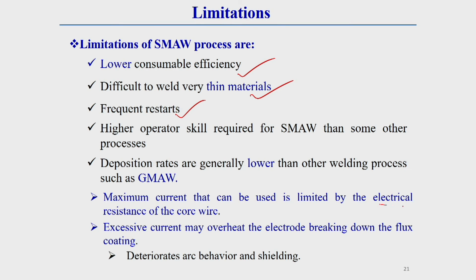Okay. That is why maximum current that can be used is limited by the electrical resistance of the core wire. This you can keep in mind, because excessive current may overheat the electrode, breaking down the flux coating. Due to this overheating of the core wire, there can be electrode breaking down.